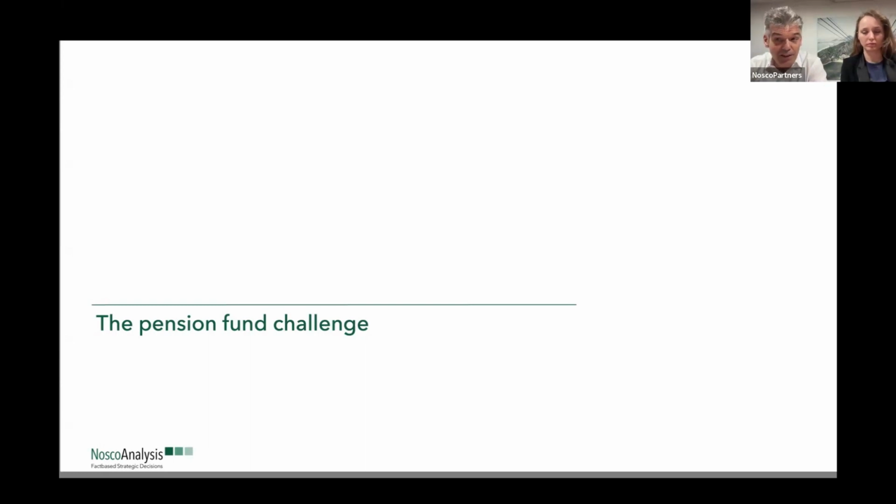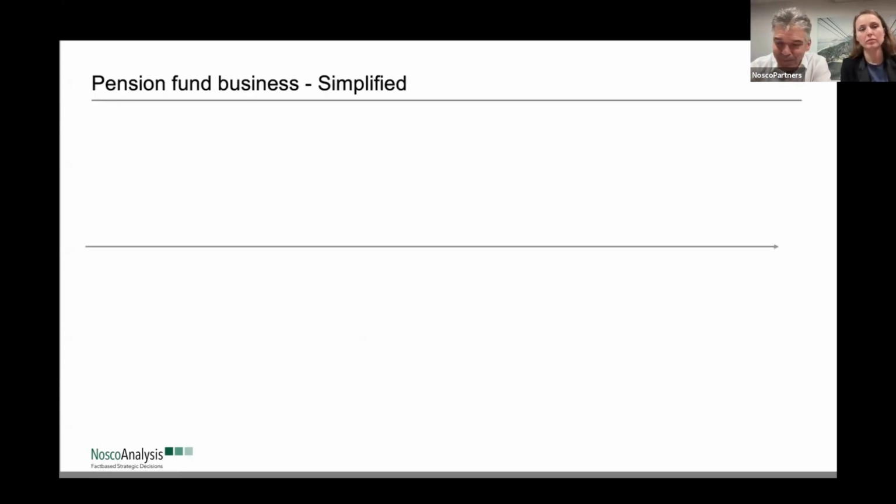Now, I will start to remind you again what a pension fund is, how it operates and what the challenges are. And then we can go a bit more into how we set it up in ACTUS, and later how we model it in analytics.